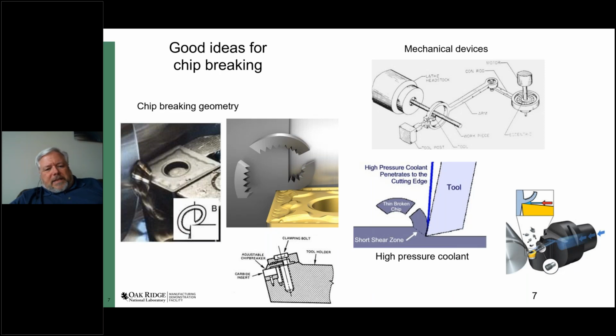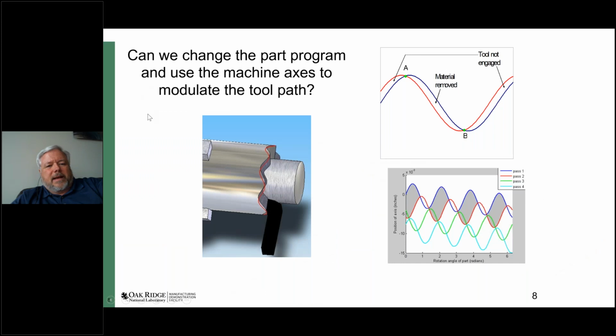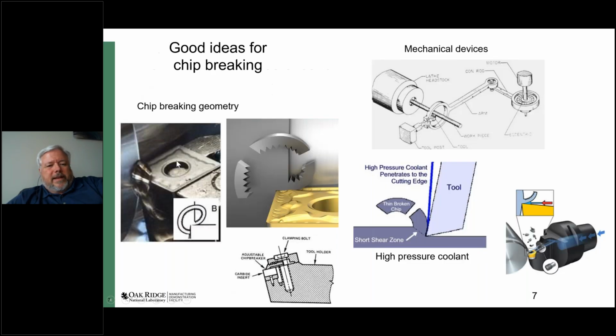So there's a lot of strategies. One strategy would be to use a chip breaker. I'm not 100% sure if you can see my mouse, but I'll point with it here. On the left, you can see there is a turning insert that's clamped into a tool holder, and it has this special geometry around the edge.